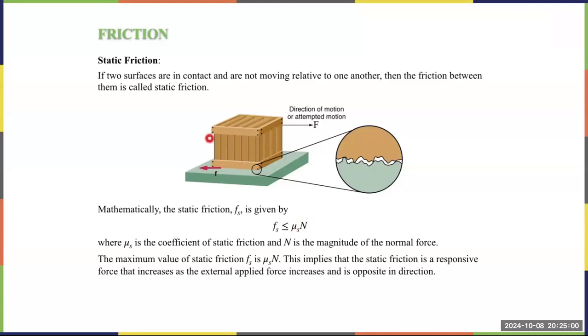If I make this external force 0, my opposing friction force will be 0. Now if I keep on applying this external force, my static friction force will keep on increasing, and it will increase until the point where it is equal to this maximum value, mu s times N.